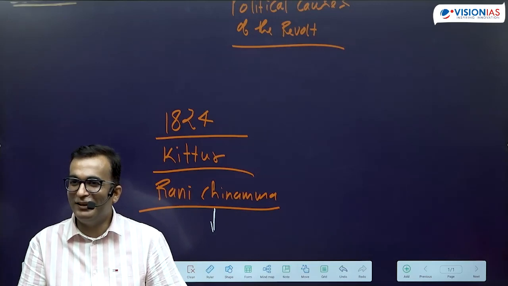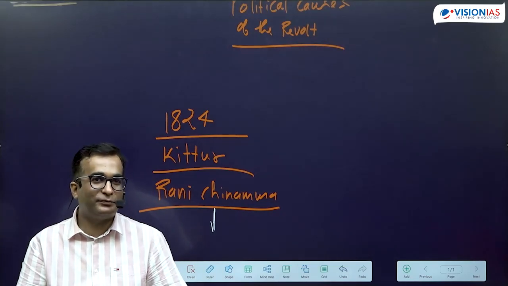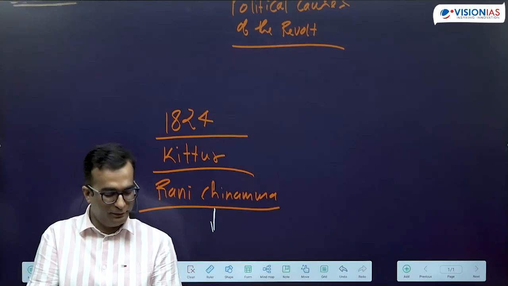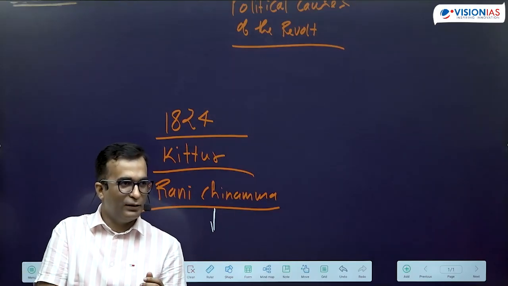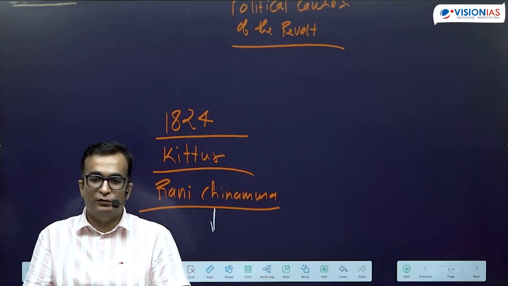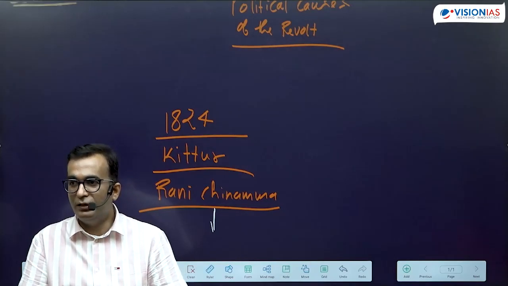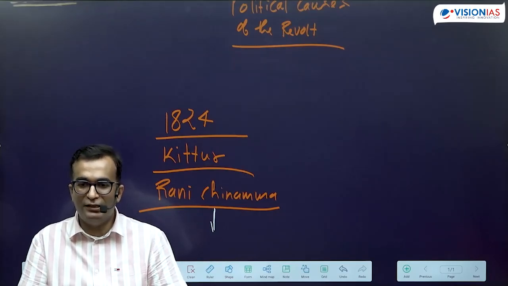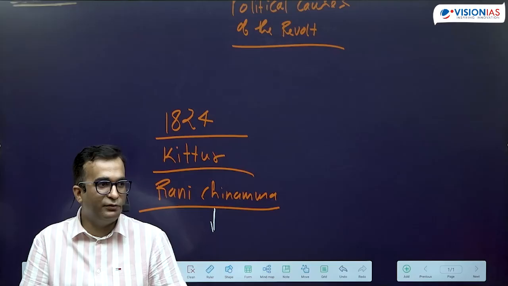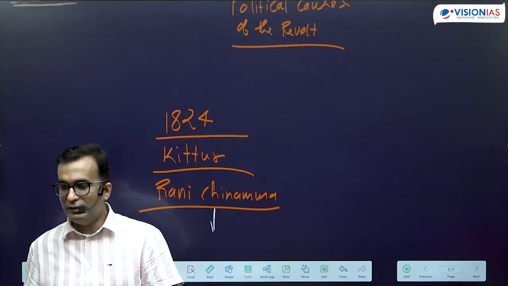So mention the very first one, that from the very beginning, the British adopted an approach of meddling in the affairs of Indian states. Meddling, M-E-D-D-L-I-N-G, meddling in the affairs of Indian states.